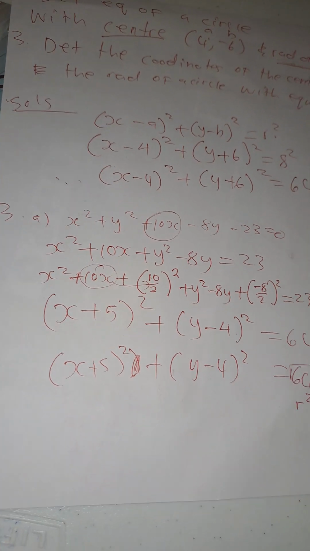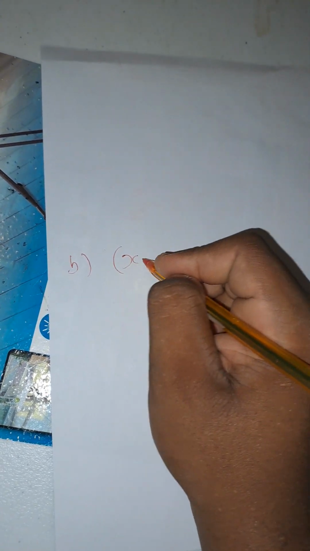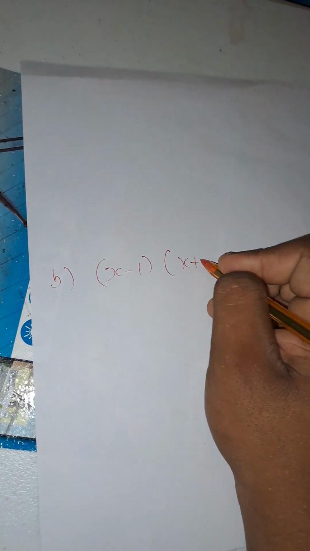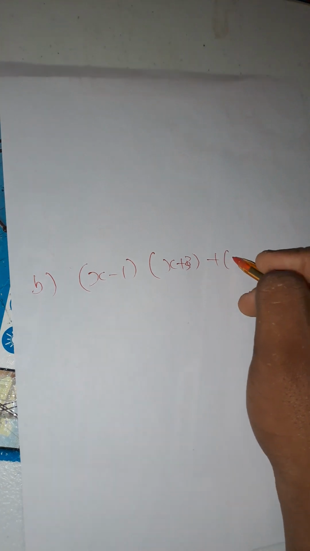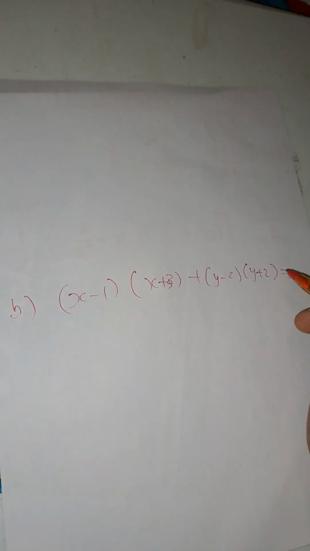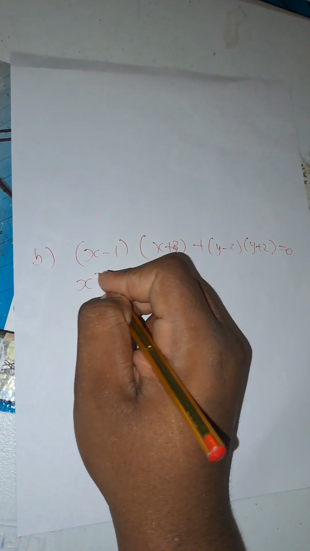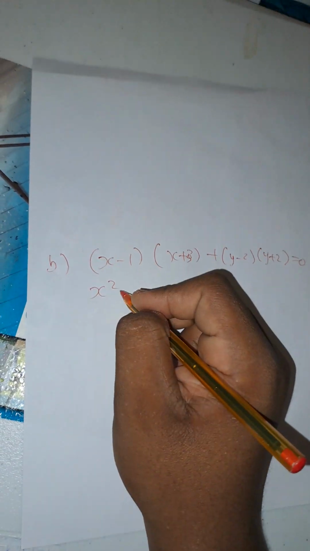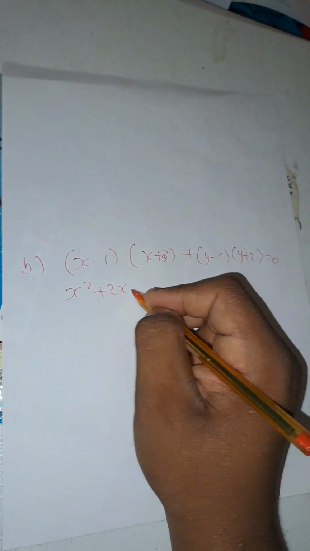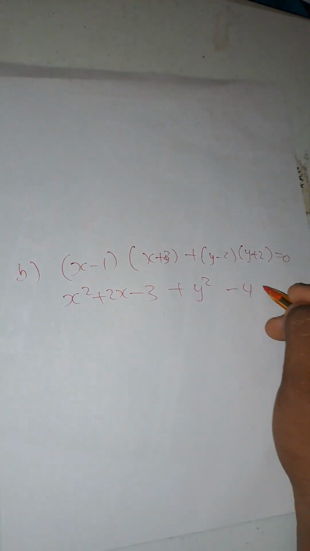So let's check the last one for the day. It is (x − 1)(x + 3) + (y − 2)(y + 2) = 0. For this one, you have to expand directly. So it is x² + 2x − 3 + y² − 4 = 0.